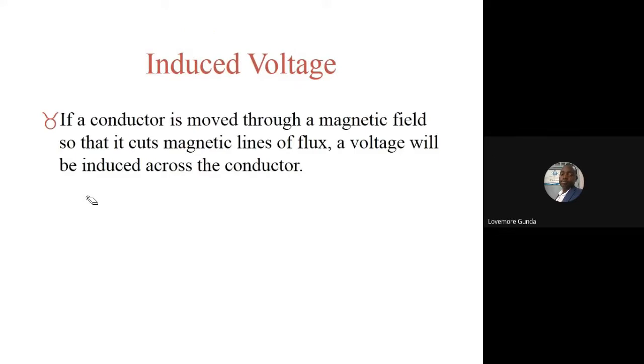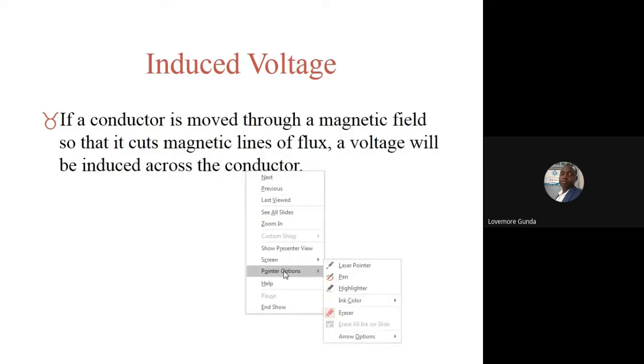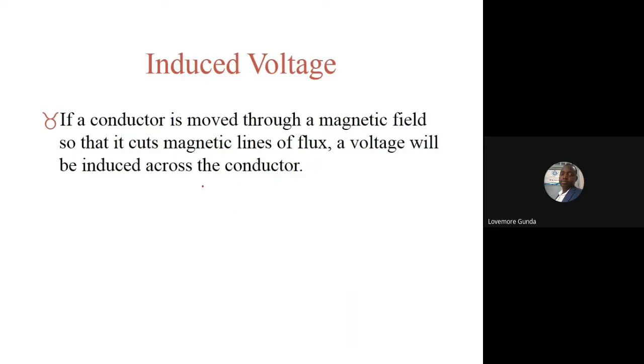Now, if you move a conductor through a magnetic field such that it cuts flux lines, then a voltage will be induced across the conductor. So what are we talking about? We are talking about a magnetic field.